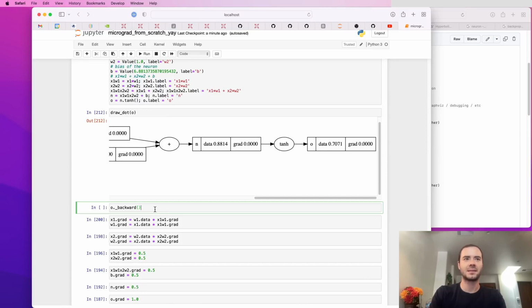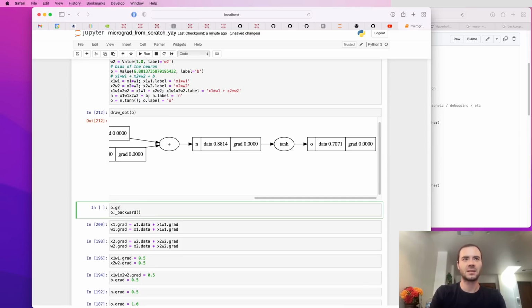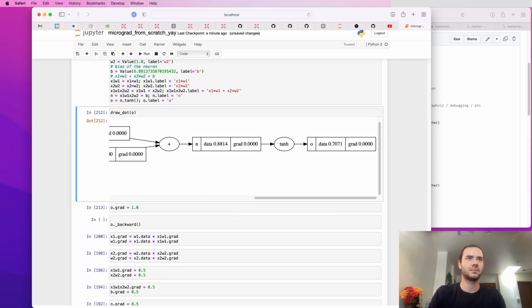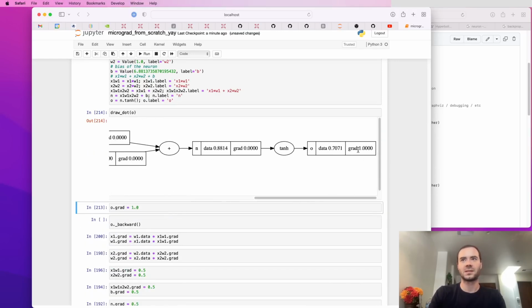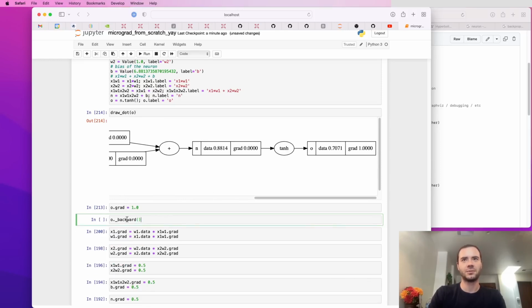So as a base case, we need to set o.grad to 1.0 to initialize this with 1. And then once this is 1, we can call o.backward, and what that should do is it should propagate this grad through tanh. So the local derivative times the global derivative, which is initialized at 1.